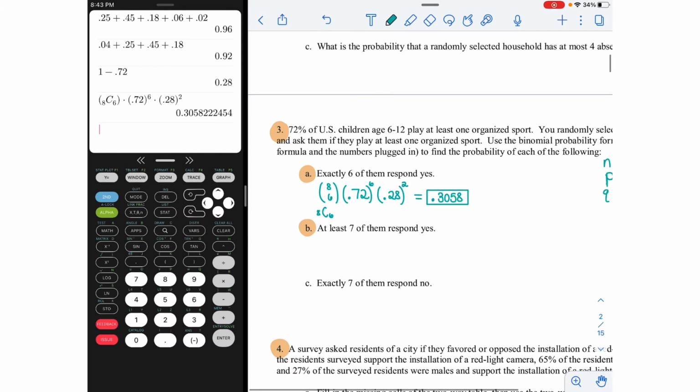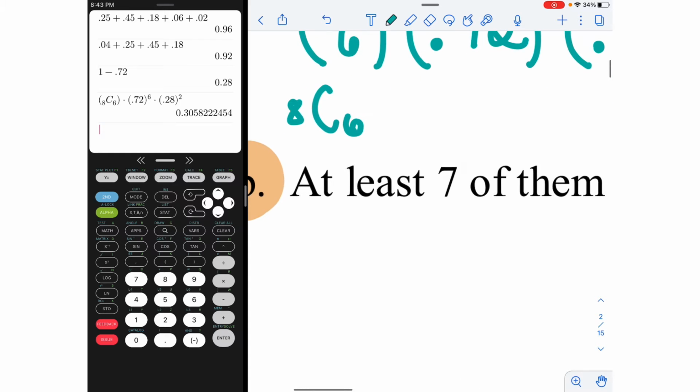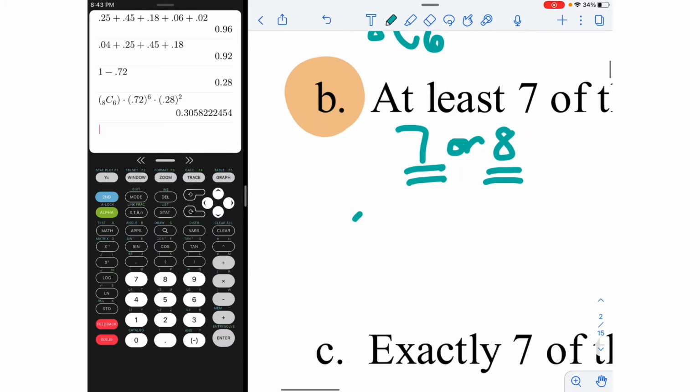Okay, at least 7 of them respond yes. Okay, so if at least 7, that means 7 or 8 respond yes. So we have to do the binomial theorem twice with each of these numbers. So 8 choose 7, 0.72.